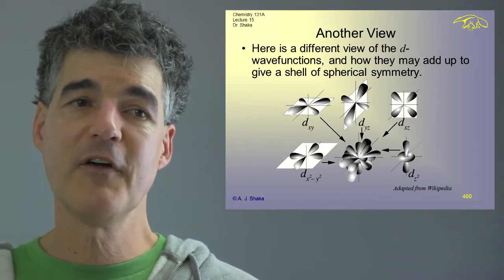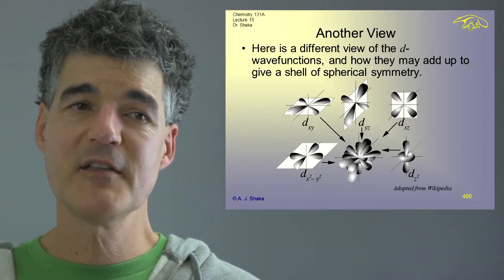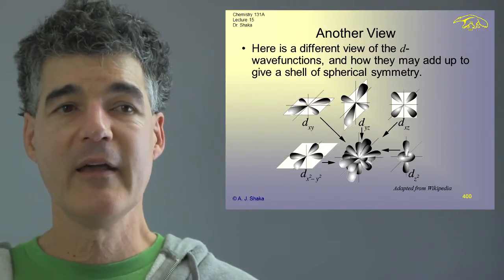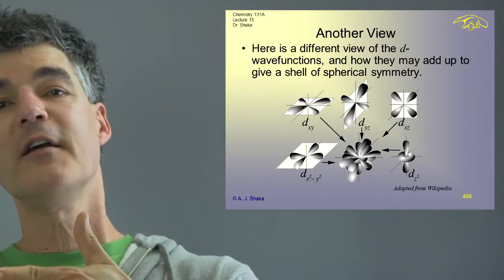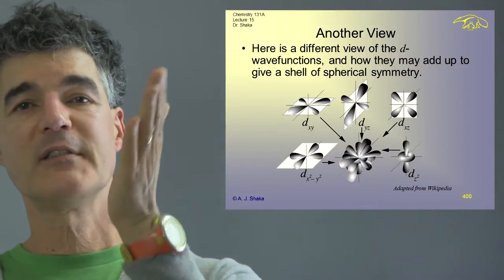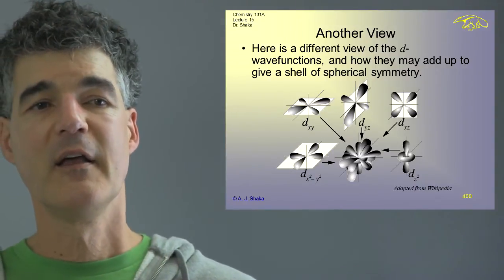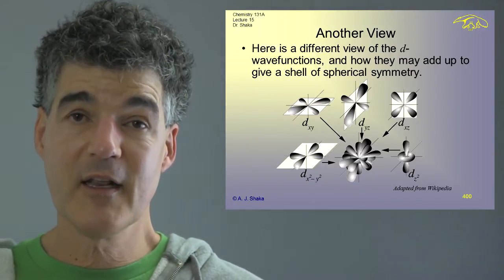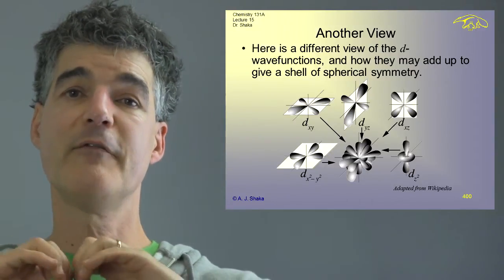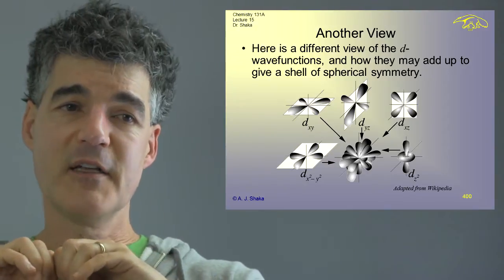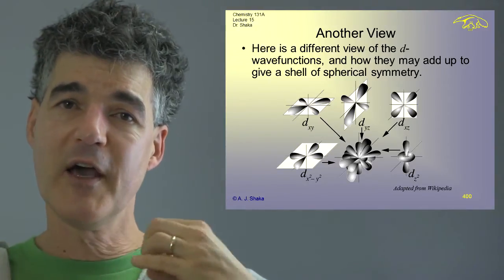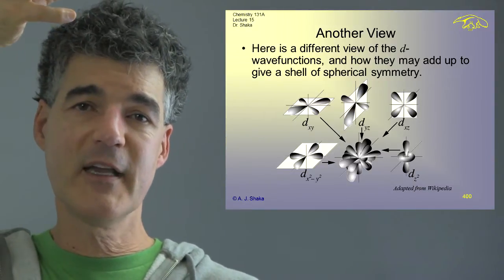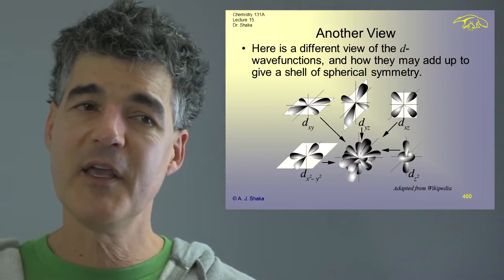And then there's this funny one, 3dz squared, which almost looks like a p orbital. And unlike the others where I can clearly see these planes where this thing is vanishing, this one, especially without color, is a little bit hard to see. But what we have with the 3dz squared is a donut around the equator, and then this thing that looks a little bit like a p orbital.